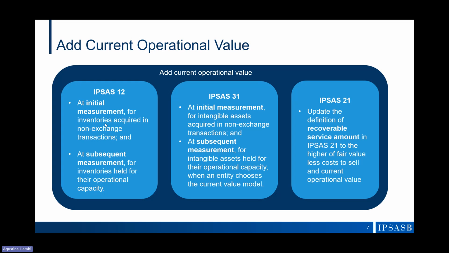And depending on which of those two capacities you use it for, the initial measurement of inventories acquired in a non-exchange transaction would either be measured at current operational value, which this ED is now proposing to add into IPSAS 12, or fair value.